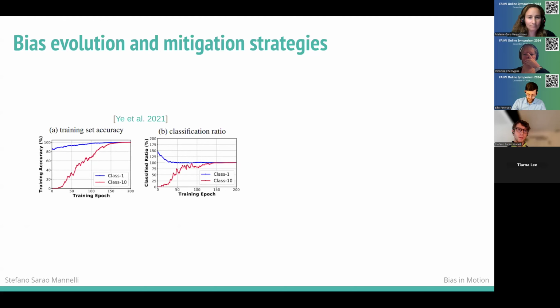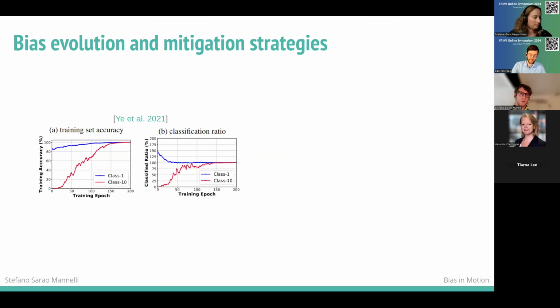A very common assumption that we make, even when designing mitigation strategies, is that bias will remain consistent throughout learning. In this case, you have this paper from Yu et al. in 2021 on some imbalanced data problem, where you have a majority of +1 and a minority of 0 classes.